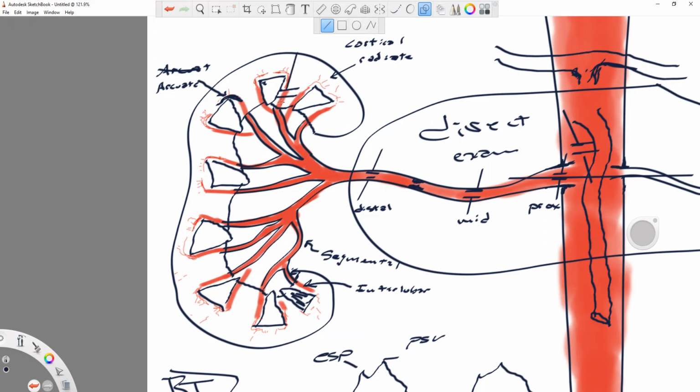We're going to put our non-angle corrected pulse wave region of interest, or a little spectral box, here. We're going to put one there. We usually call it upper pole.